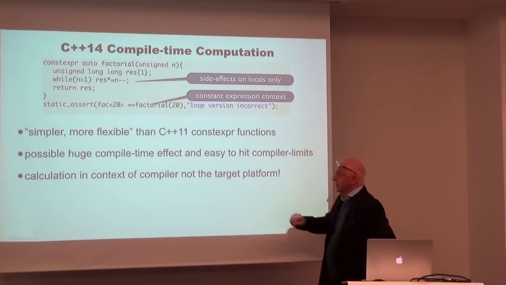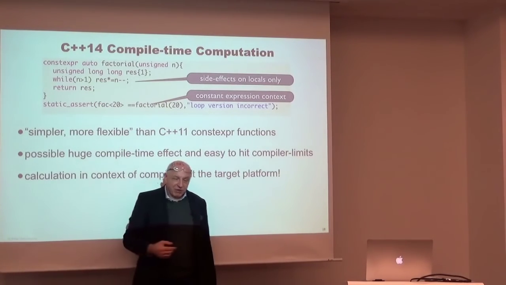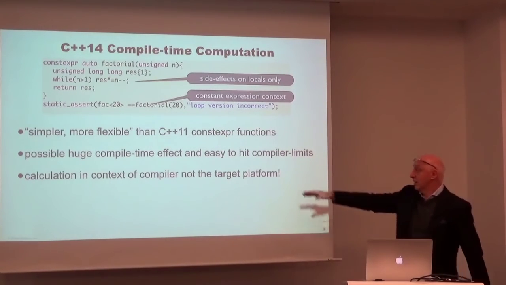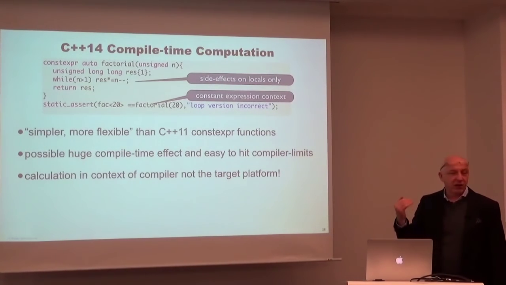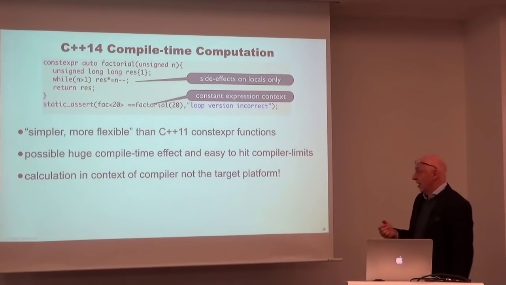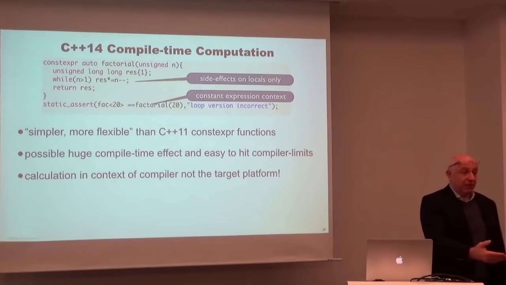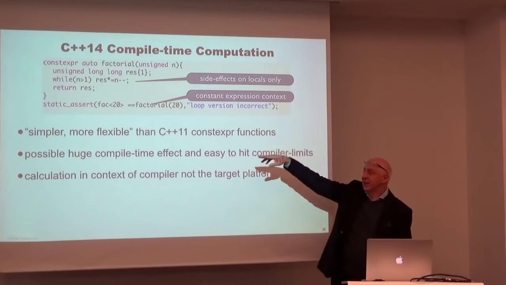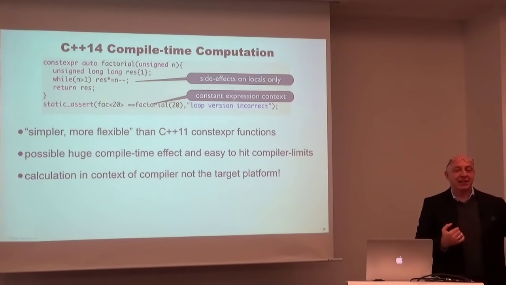The interesting part is, here we have loops that are computed at compile time. What if we have deeply nested looping things? You might hit a compiler limit, which is typically around 1 million iterations or statements taken. It's similar to the limits you might get with template instantiation depth, but it's much easier to reach, because you're much more inclined to write a loop computed at compile time than to write deeply nested template instantiations.